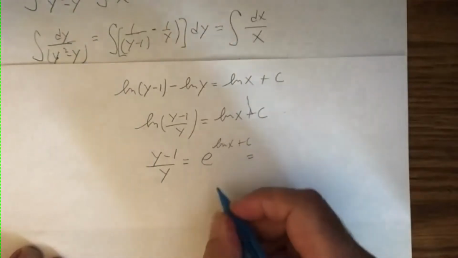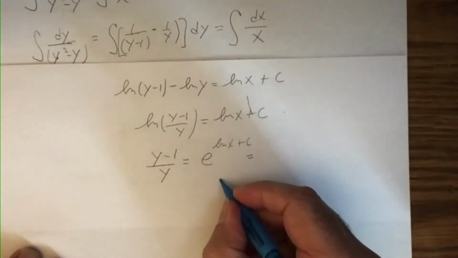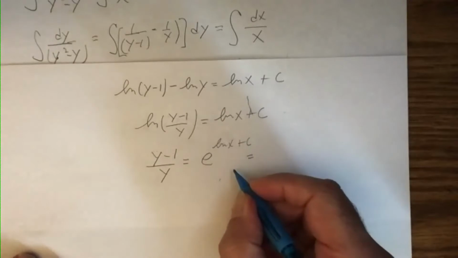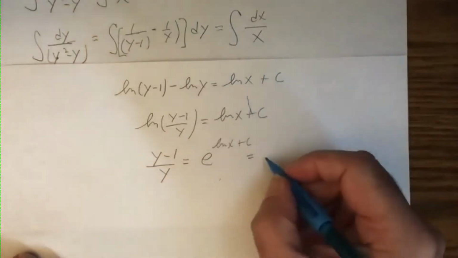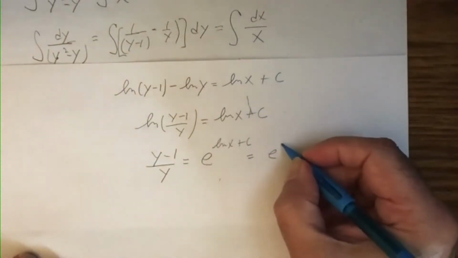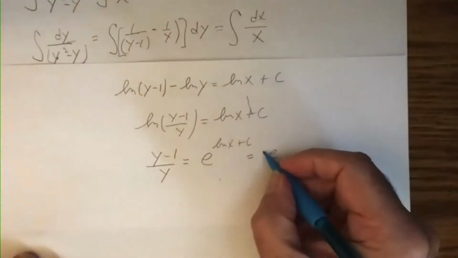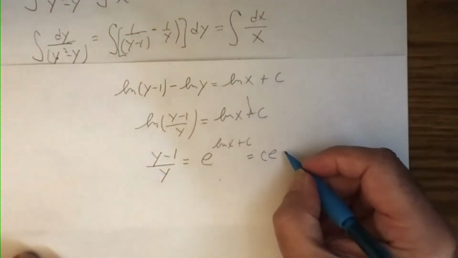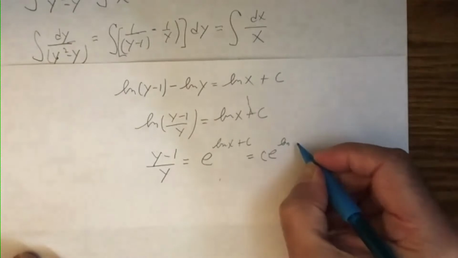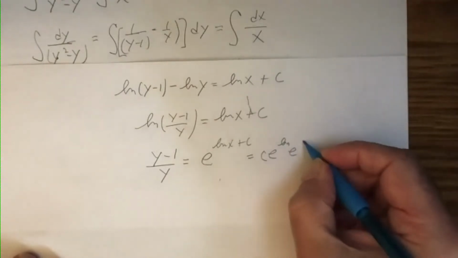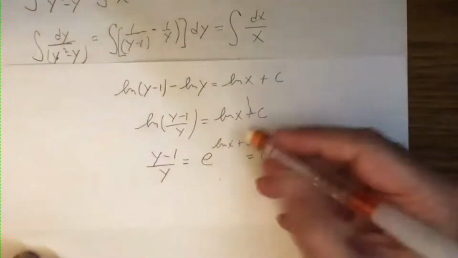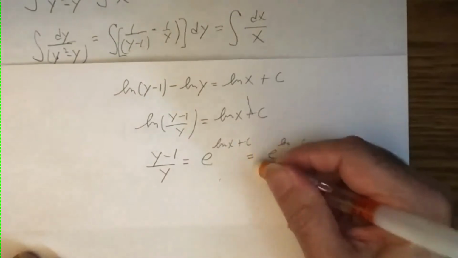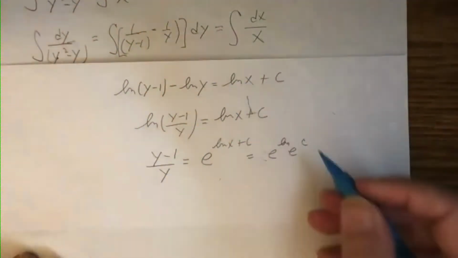Now this here, I can write as x times c. In my notes, I skip steps. Here, I'm not skipping a step.